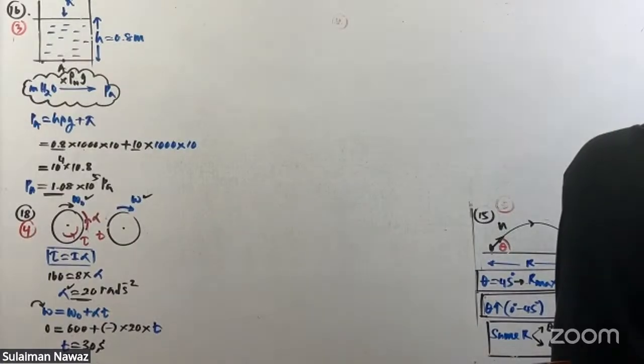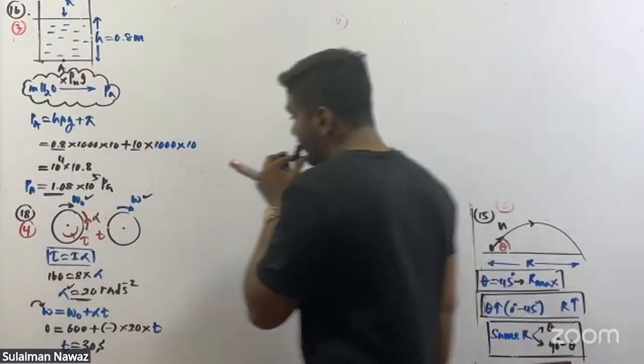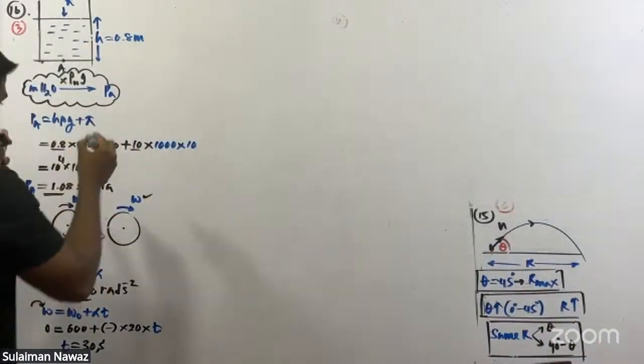Remember now, this question number 20 is a very simple question. It's not difficult. It seems very complex, but it is very simple.